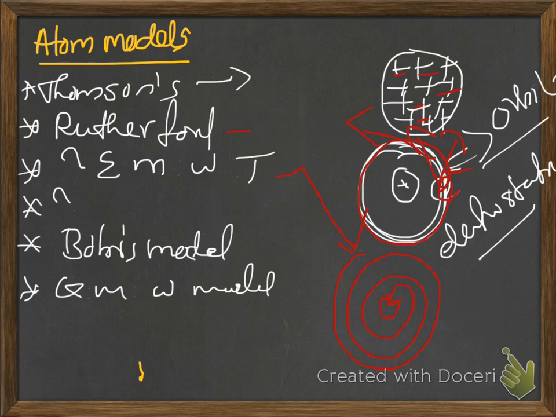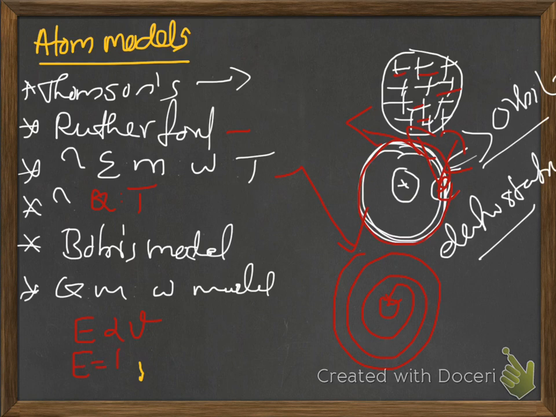Later, Max Planck introduced his quantum theory. Based on quantum theory, energy can be absorbed or emitted discontinuously in the form of small packets of energy called quanta, and in the case of light energy, we call it a photon. The second postulate is that the energy of the photon or quanta is directly proportional to the frequency of radiation.